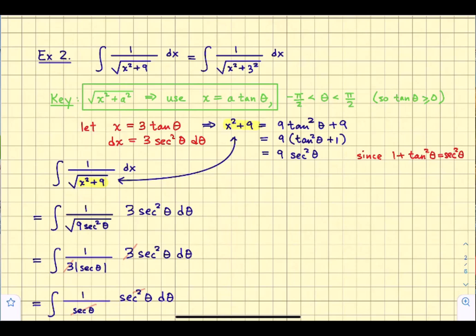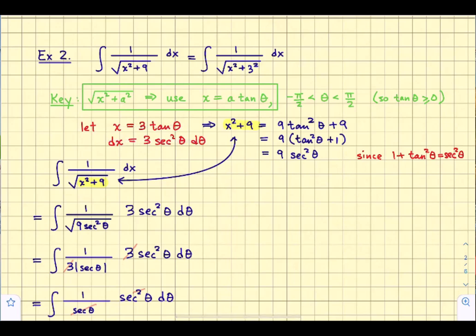Remember, it's not a regular u substitution, but rather the trigonometric substitution, x equals a tangent theta. Here our theta is between minus pi over 2 and pi over 2, so that we're guaranteed that our tangent of theta is greater than or equal to 0. Here our a is 3, that's why I rewrote the 9 as a 3 squared. So we let x be 3 tan theta.